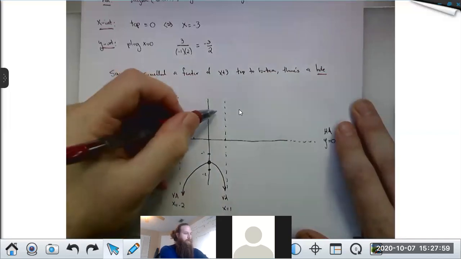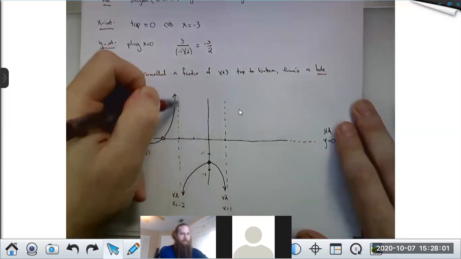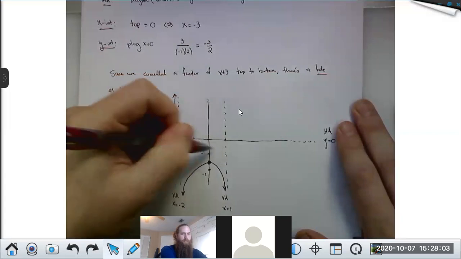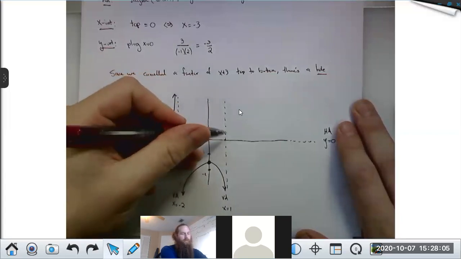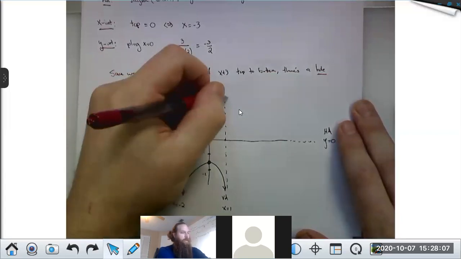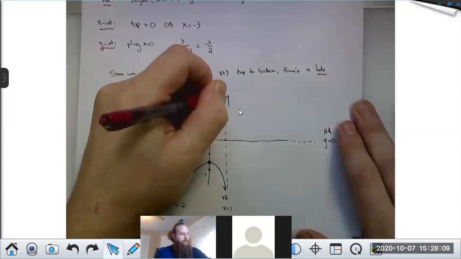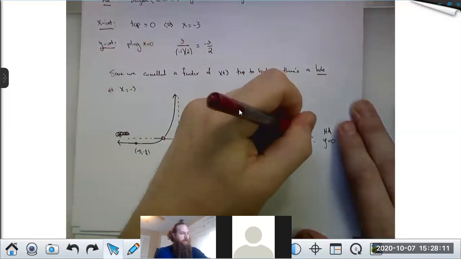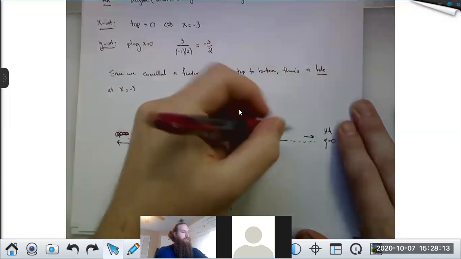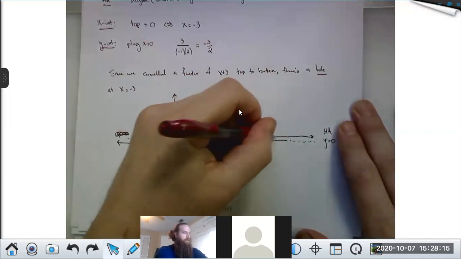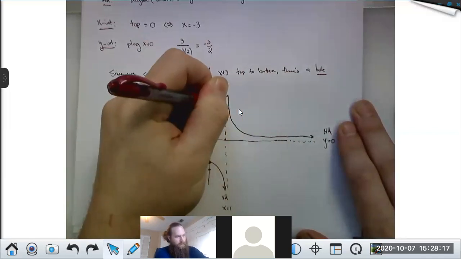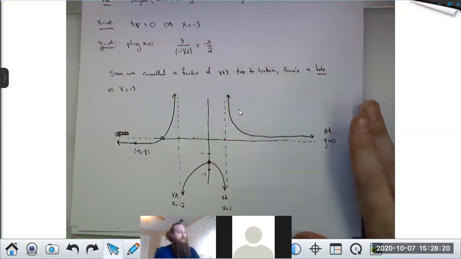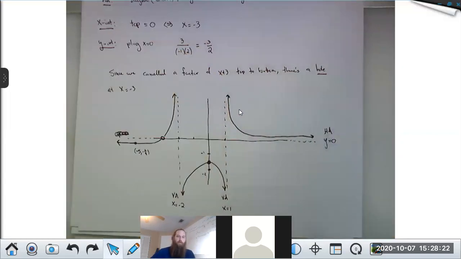The only way I could approach like this or like this is if I had an x-intercept in here somewhere. And over here, I will return like this and then settle down on this horizontal asymptote, like this. And that's a really nice graph of this rational function.